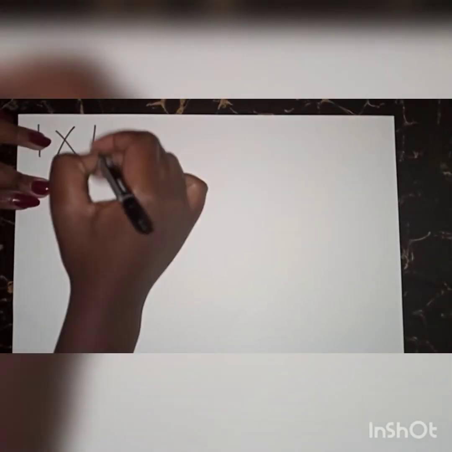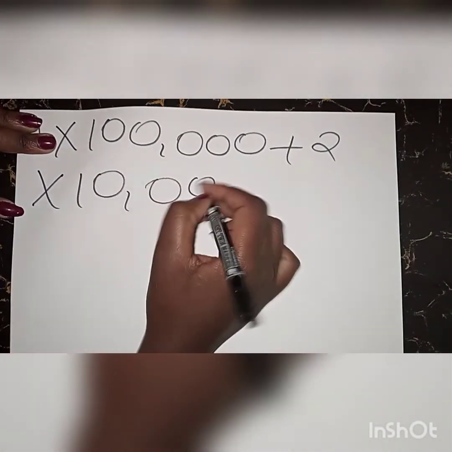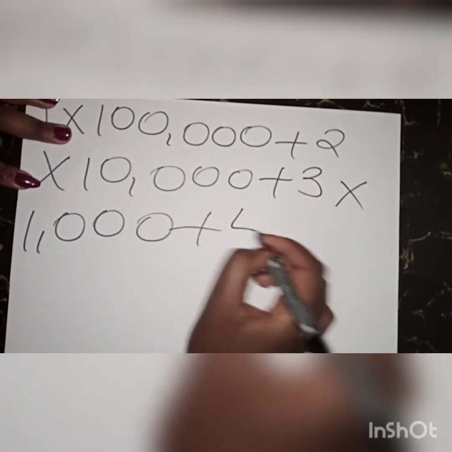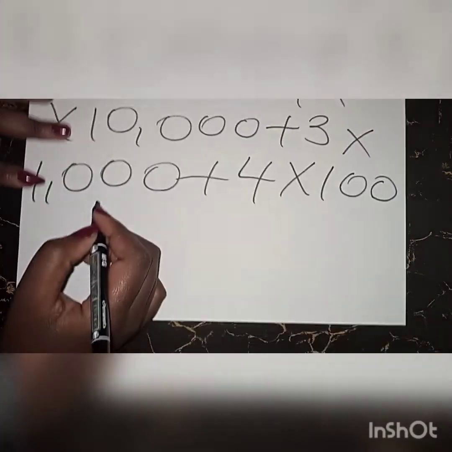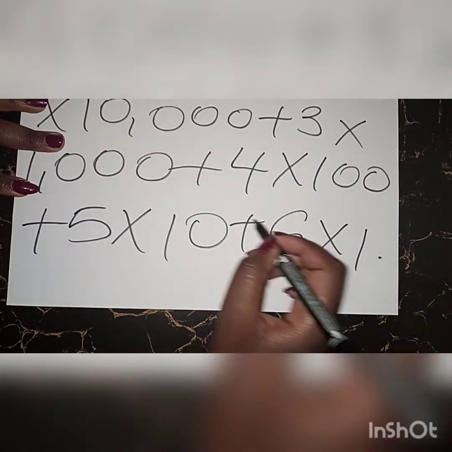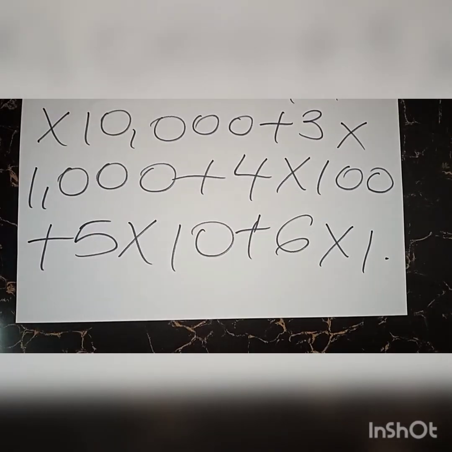Our final answer will be 1 times 100,000 plus 2 times 10,000 plus 3 times 1,000 plus 4 times 100 plus 5 times 10 plus 6 times 1. Okay, and this is how we write numbers in expanded form. If you work out what is in the expanded form, we are supposed to get the original number. Are we together? And that was quite easy, right?